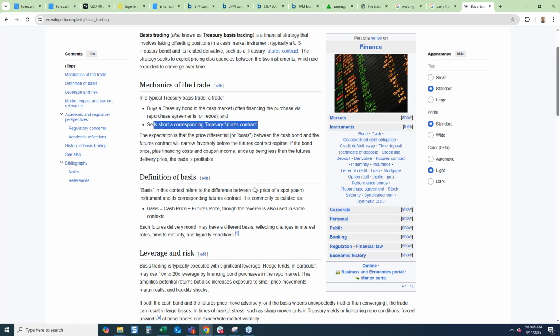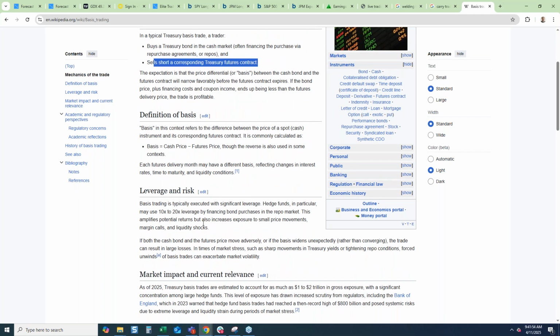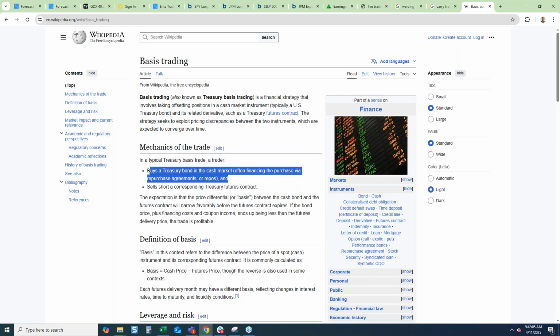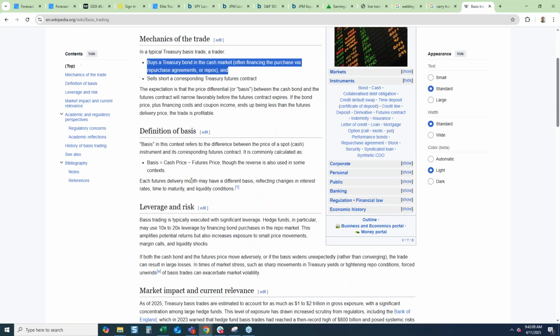You take that spread, right, and you do it many times, billions of dollars over and over again. People have been making money from it for a long time. But if things don't go as expected, the dollar drops, bonds sell off, then all of a sudden, when everybody's selling the bonds, you can get these liquidation issues, right?